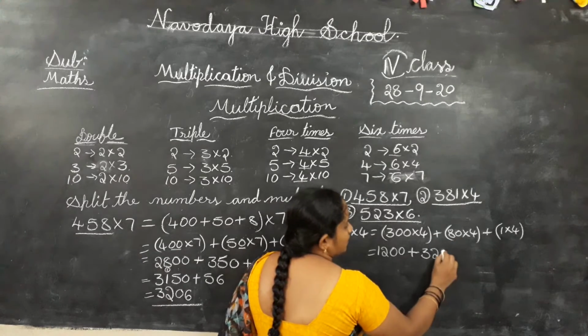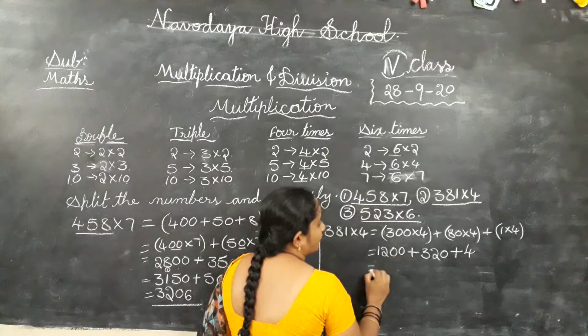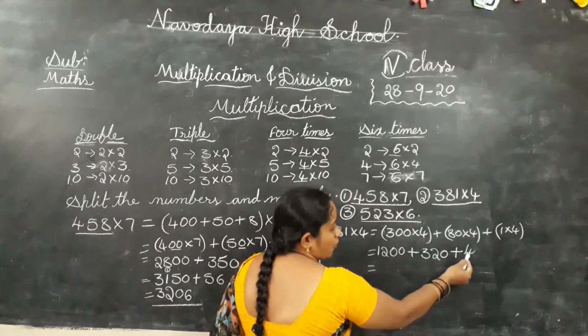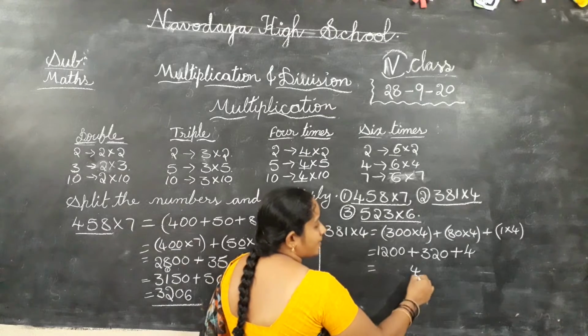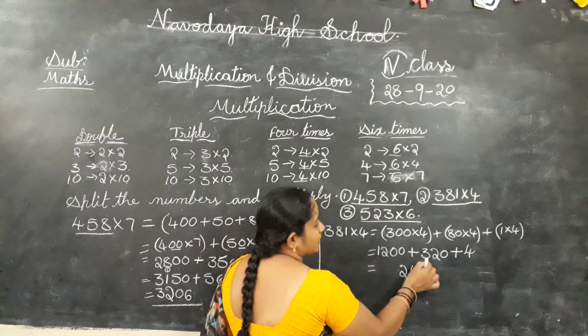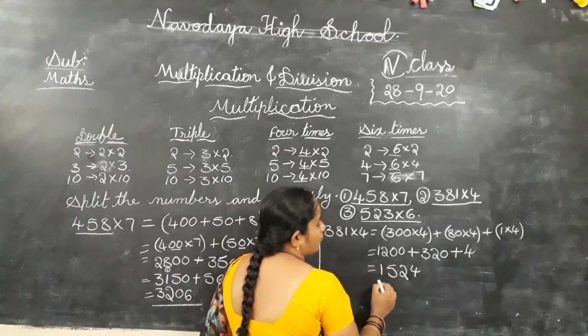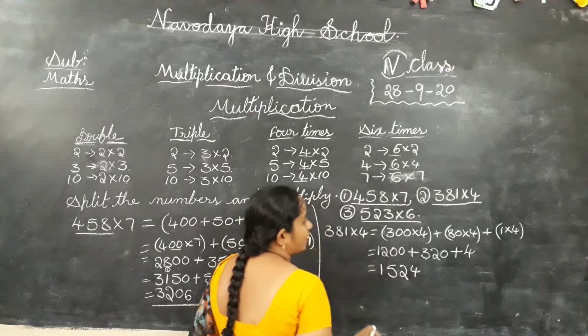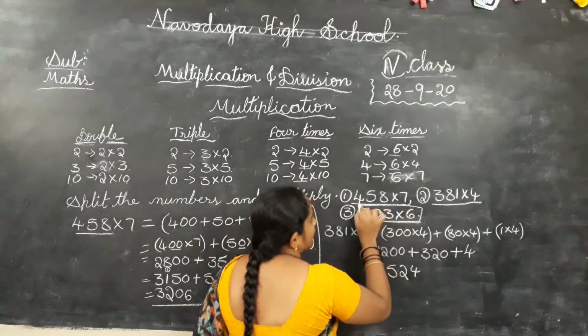How many zeros? 1 zero. Plus 1 4 is 4. Now add ones place digits. 4 plus 0, 4. Tens place 2 plus 0, 2. Hundreds place 3 plus 2, 5. Thousands place 1. 1524.